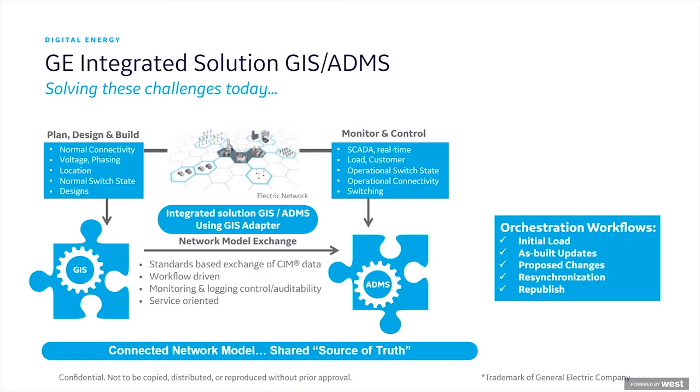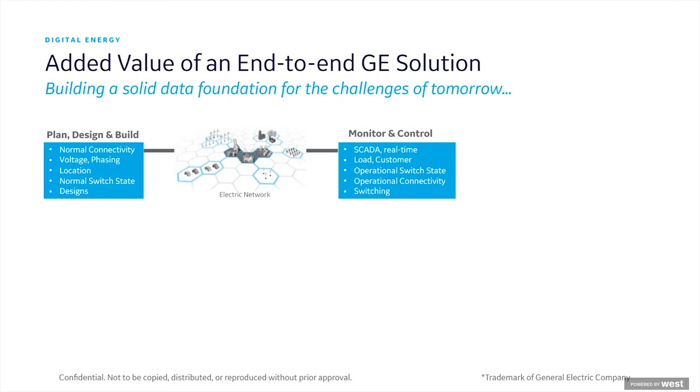But getting a GIS data set to that point can be a bit of work and may take some effort to get the data to that situation. And then once you're there, you can continue to maintain the network model over time and manage that update process throughout the life cycle of your new assets coming into the network.